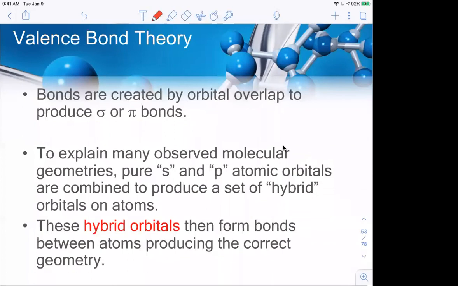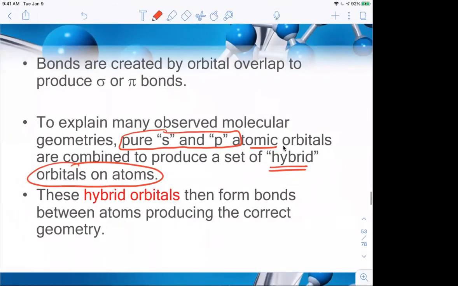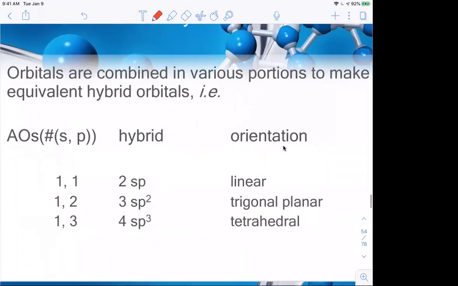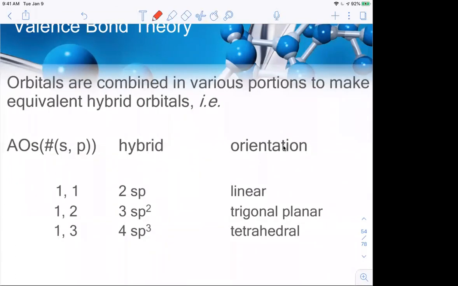In order to get those geometries, I have to combine the s and the p atomic orbitals, and then what I'm going to get is hybrid orbitals on atoms. These hybrid orbitals are going to form bonds between the atoms that produce the correct geometry. So remember, if I have one atomic orbital and one atomic orbital combining, I get two hybrid orbitals.